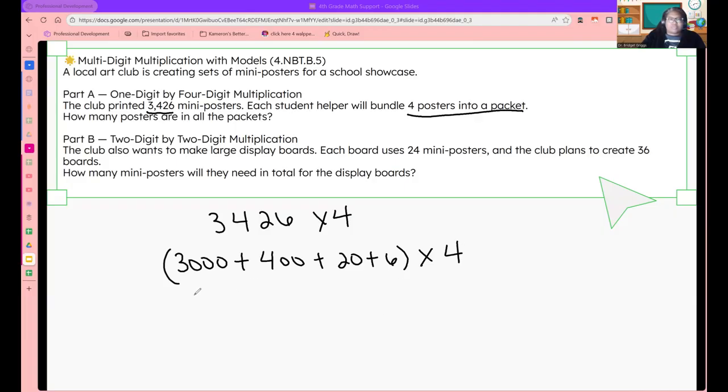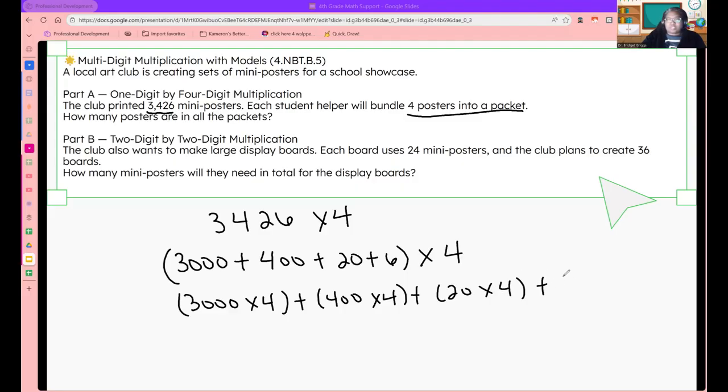So essentially we have 3,000 times 4 plus 400 times 4 plus 20 times 4 plus 6 times 4. So this makes it a little easier because you are just thinking about essentially 1-digit by 1-digit multiplication and then just adding the zeros after you're done, and then just adding all of those answers together.